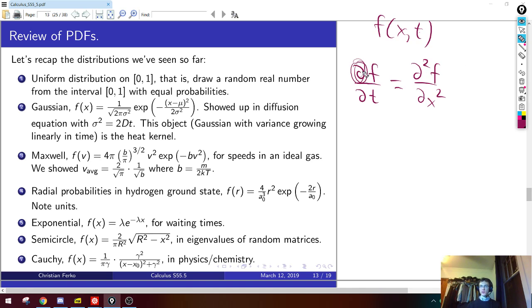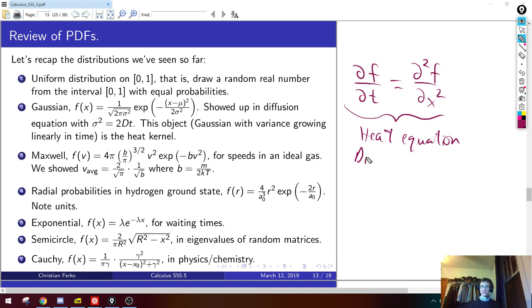So you use a curly d instead of the usual d when this thing depends on 2 variables. But anyway, whenever you have this case where one time derivative is roughly equal to 2 space derivatives, possibly with a constant d in front, but that doesn't matter, whenever that is true, you say this is an equation of heat type, so this is a heat equation, or as you saw before, this is a diffusion equation.